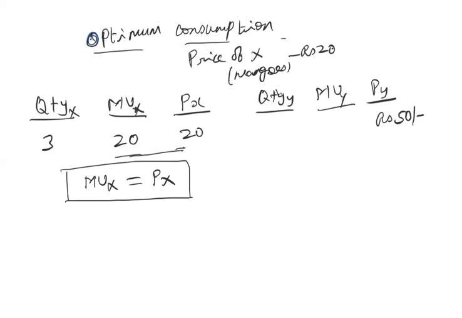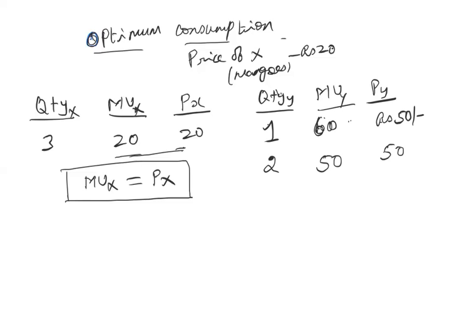The first unit he consumes, he is getting 60 utils of satisfaction. So definitely satisfaction is more than the price he has to pay. So automatically he will proceed to buy the second unit of Y. As per diminishing marginal utility, the satisfaction should decrease. So this is decreasing to 50, which is equalizing the price.